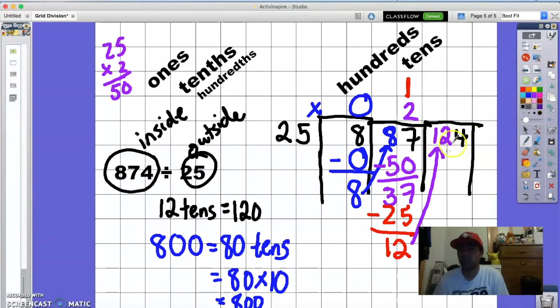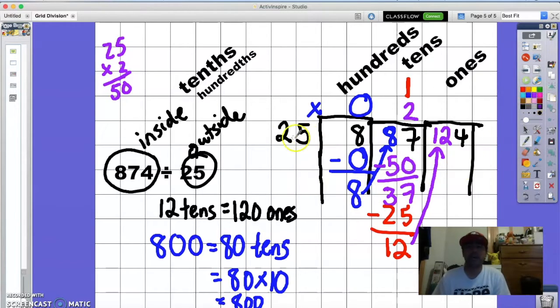This 12 right here represents 120 ones. So what I'm saying is 12 tens is the same thing as 120 ones. That's just a side note. Not really necessary, but a good thing to keep in mind.